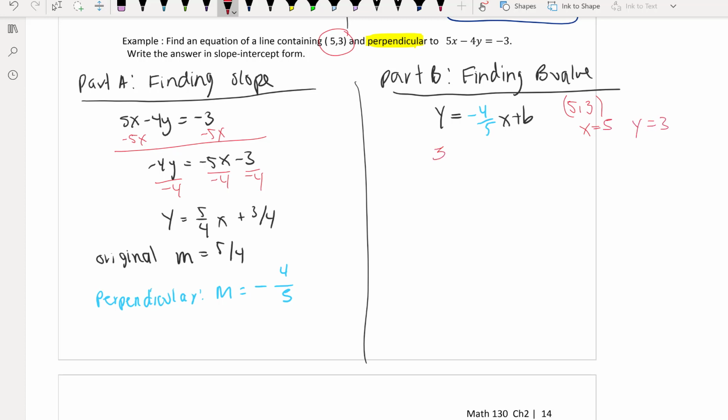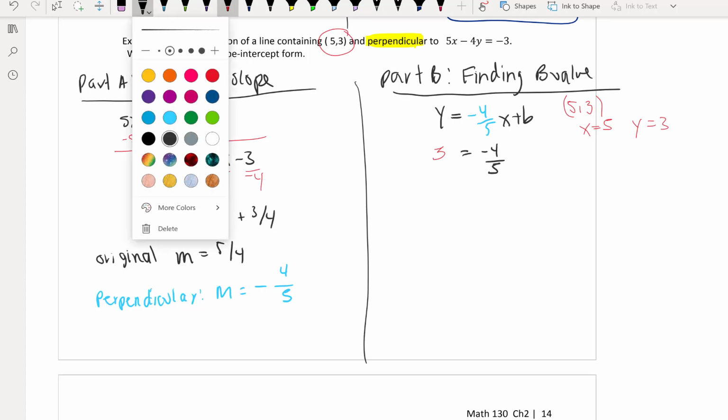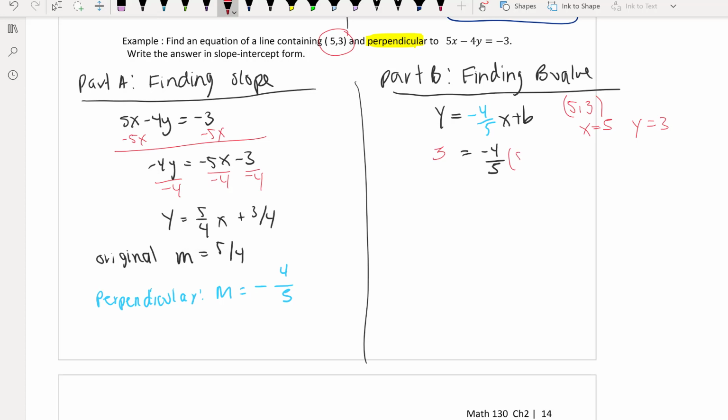So y is 3 and I have my -4/5 and my x value is 5 and I have my plus b. So 3 is equal to, what's nice about this is that the 5's cancel. So you have -4 plus b. So now I'm going to add 4 to both sides.